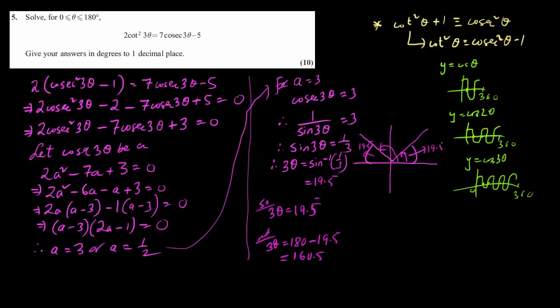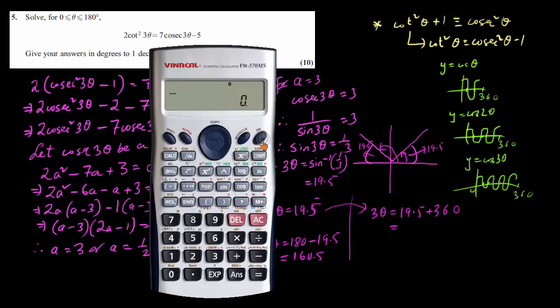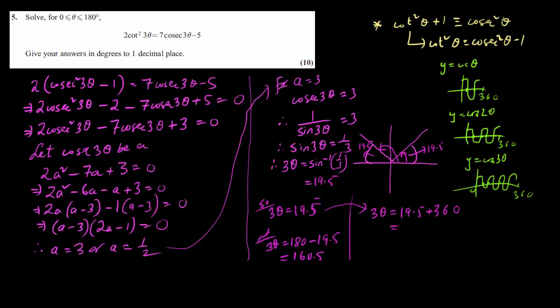We need more, so we're going to do one revolution. So we add 360 degrees to this. So 3 theta equals 19.5 degrees plus 360 degrees for one revolution because it is 3 theta. So 360 plus 19.5 is 379.5.